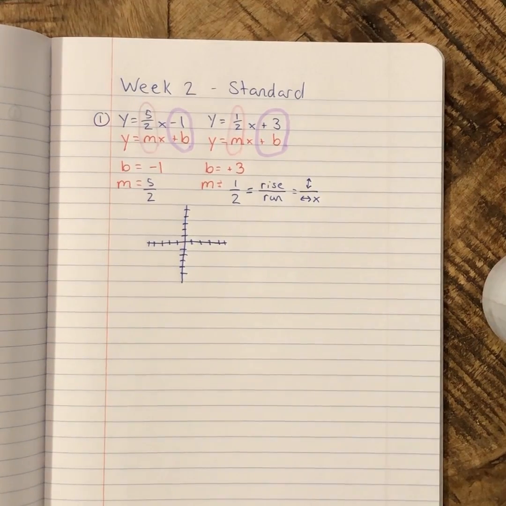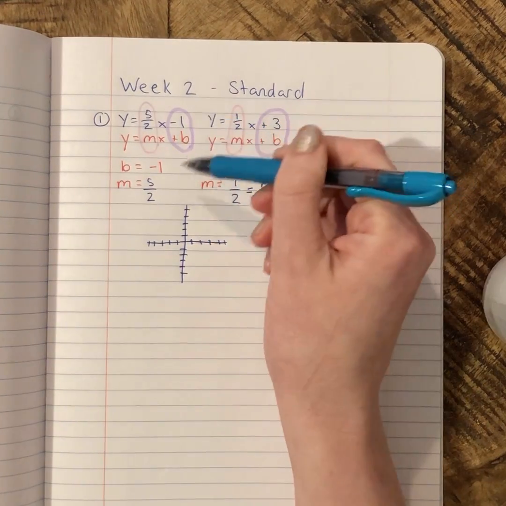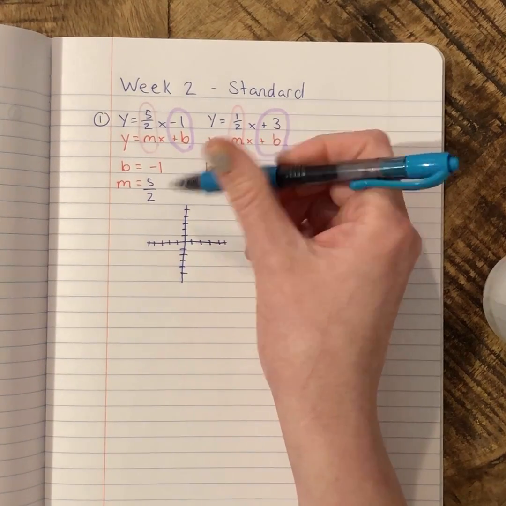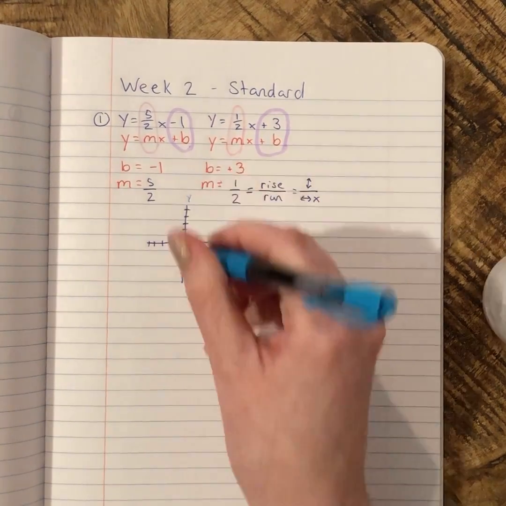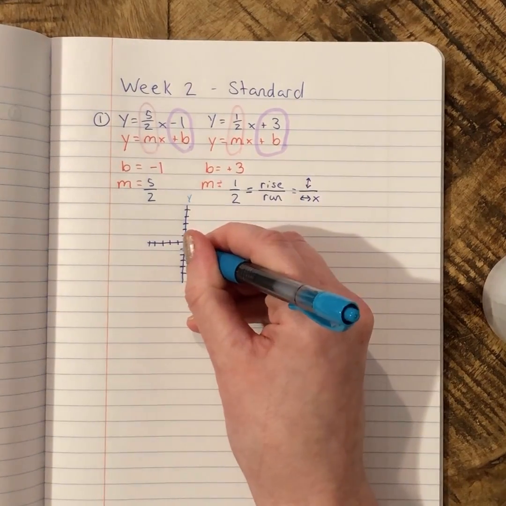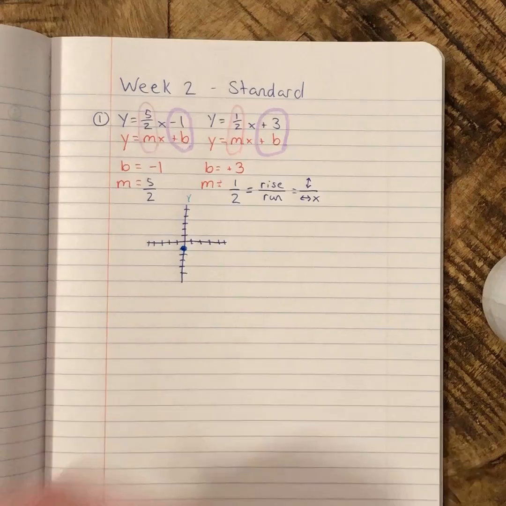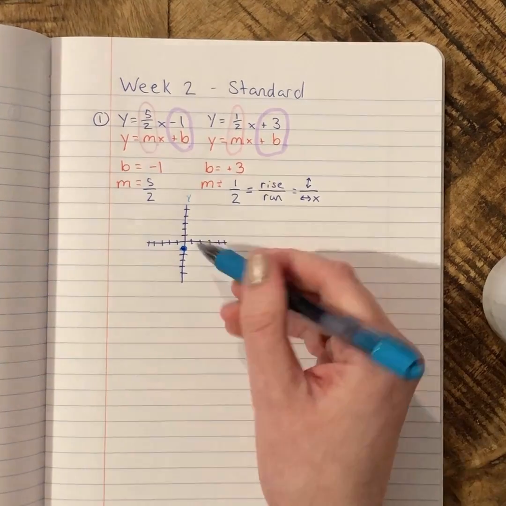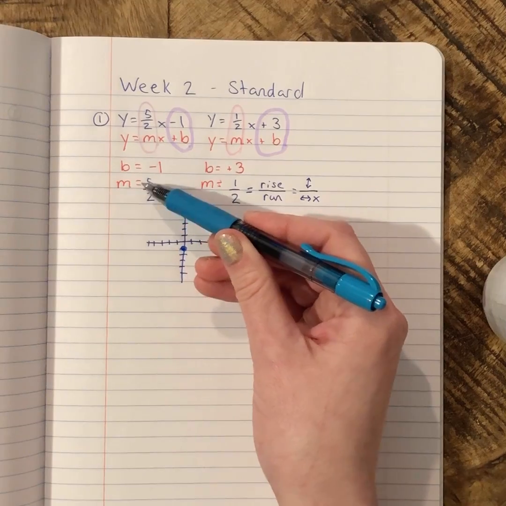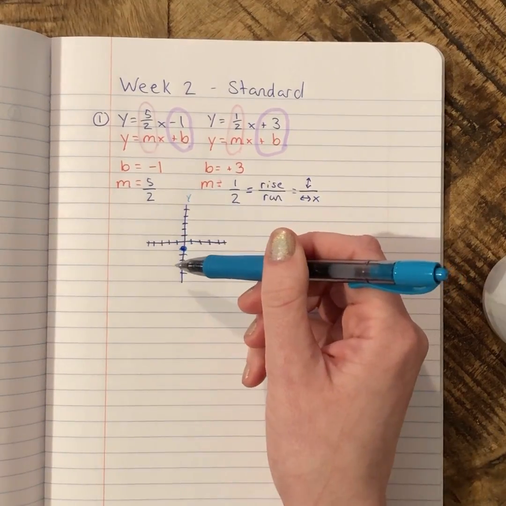For our first line, equation number 1, b is our y-intercept. It is also our beginning point. So on my y-axis, I'm going to plot a point at -1. So here's 0, -1. I would plot that point. From my beginning point, my y-intercept, I use my m, which is my slope, to move across the graph.